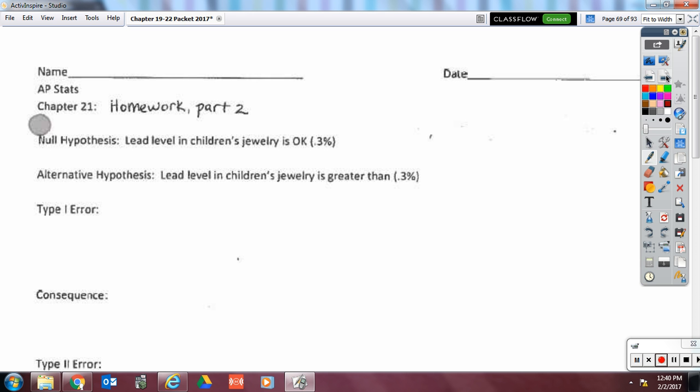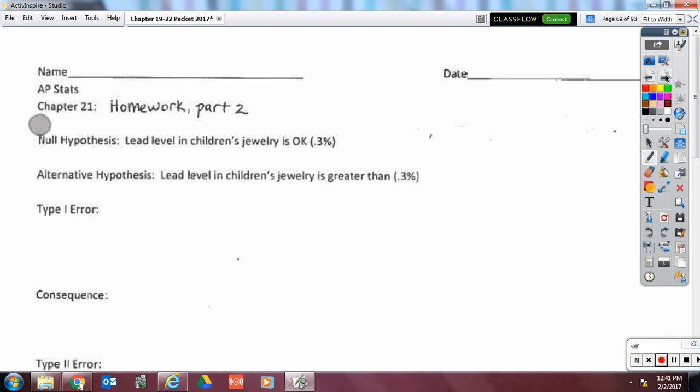Okay, so let's pretend you're the dock manager and you are accepting or not accepting a shipment of children's jewelry from China. Well, the FDA says the lead level, if it's at 0.3% or less, is acceptable. But if we have a sample that makes us think that it's greater than 0.3%, we think it's too toxic and we will send it back.